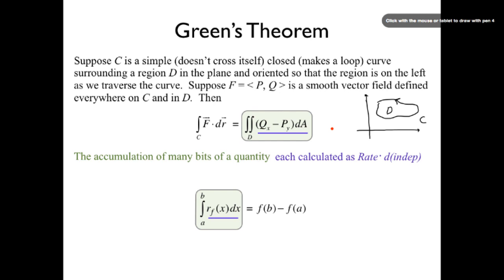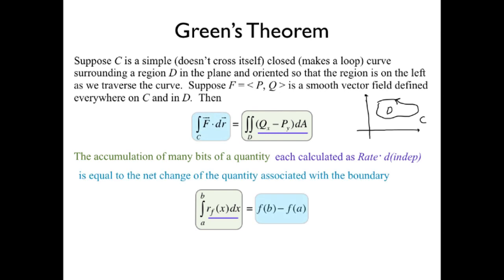And what is that equal to? So when you sum up the accumulation of lots of little bits, what do you get? The net change, right? The overall change, the total change, or the net change. Okay, and so what we see is that's these sides. So the net change of the quantity, and that's associated with the boundary.